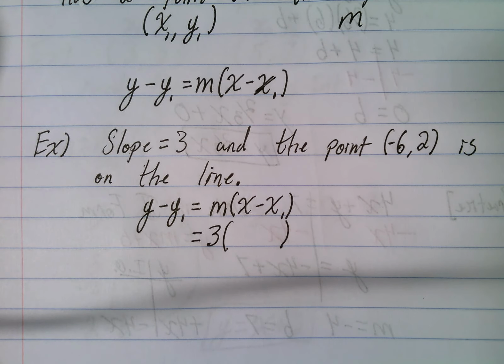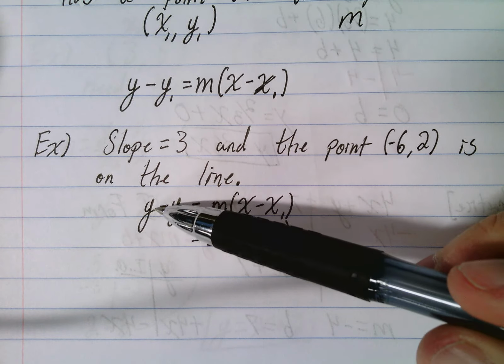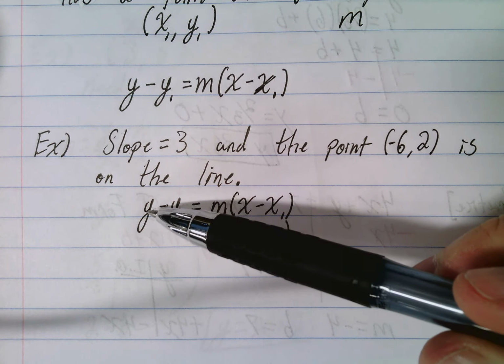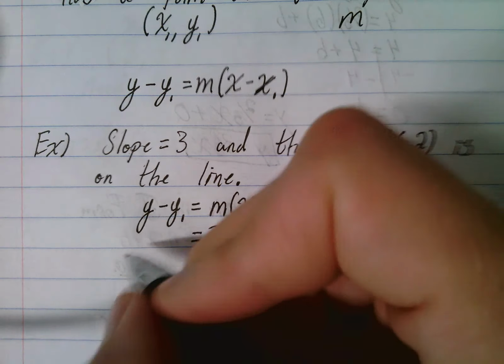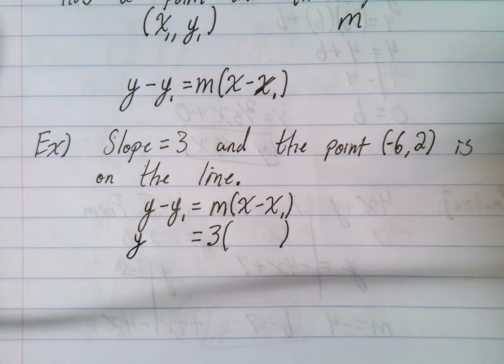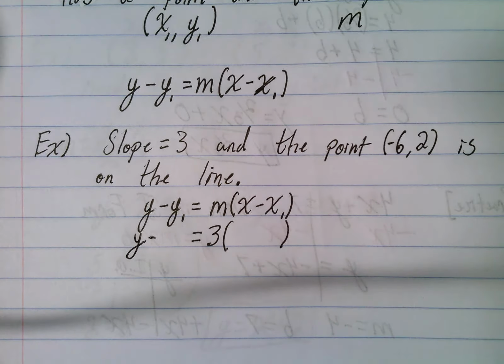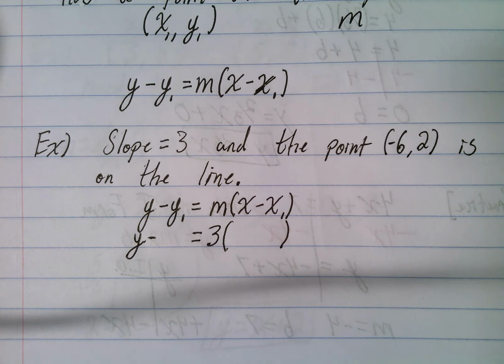And then I need to figure out what else comes down. Am I plugging in anything for this y? Nope, the y just brings itself down. Minus, what is y1? 2.